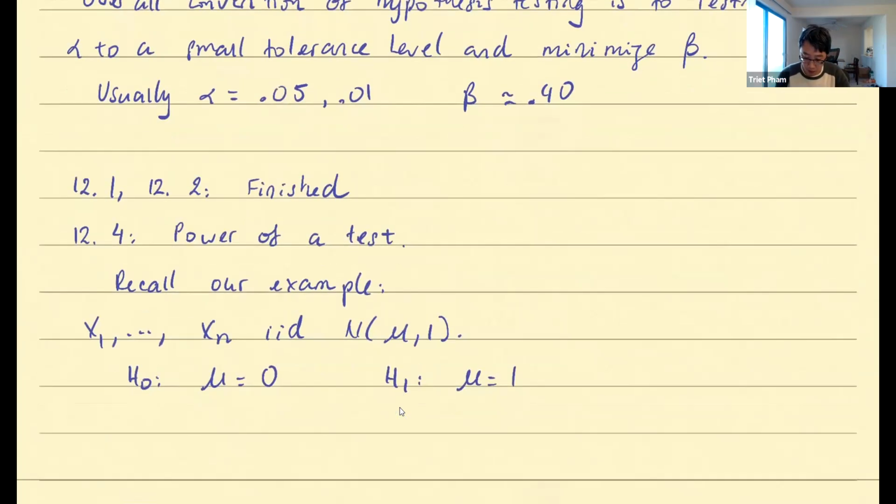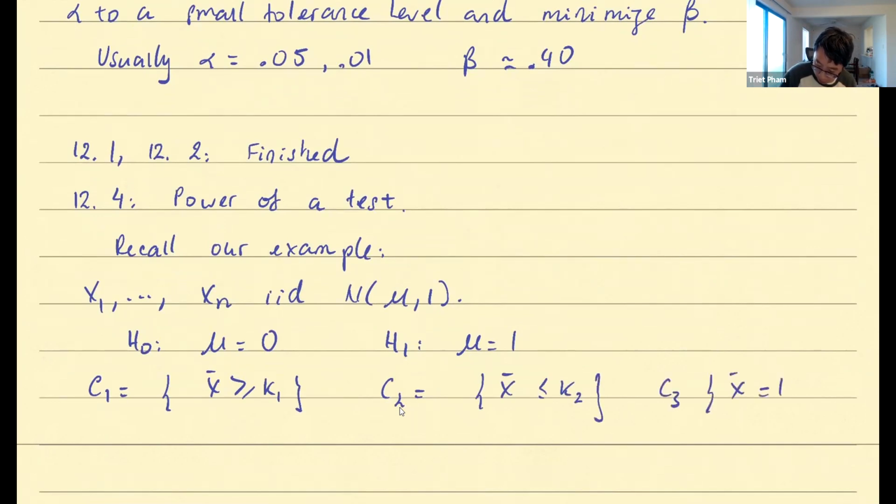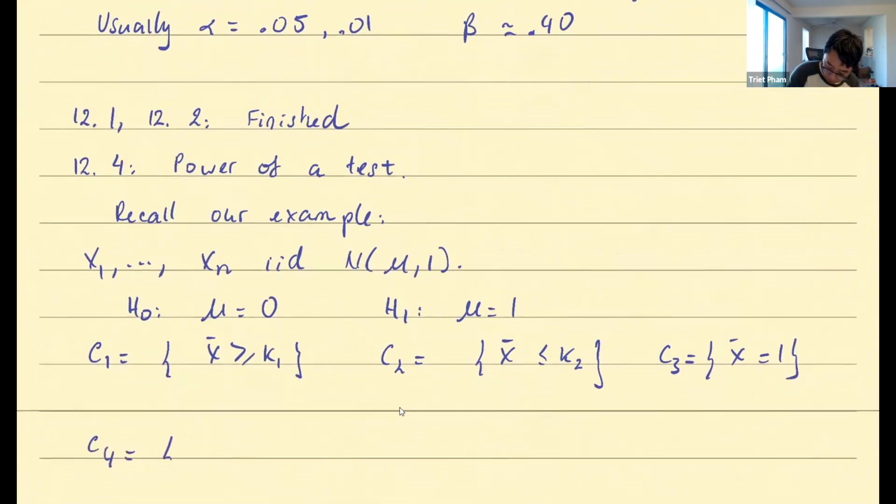We consider several rejection regions: C1, x bar bigger than K1; C2, x bar less than or equal to K2; C3, x bar equals 1; C4, S squared; and we're going to go to K5.